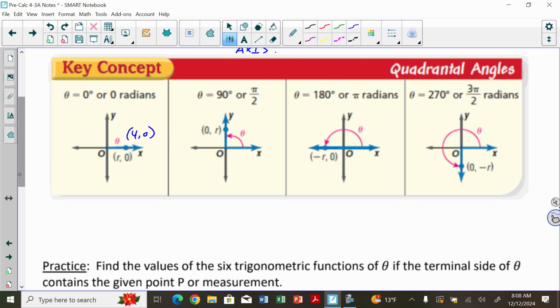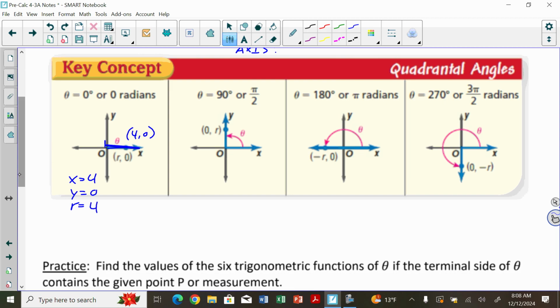Because you can see this angle lies on the axis. So X we know is 4 because it's 4, 0. Y would be 0 because we're not going up or down at all. And then your R value is going to be the absolute value of X in this case, which is 4. So you could find those out.